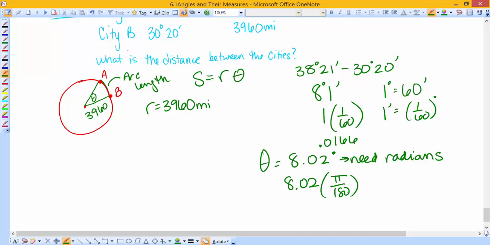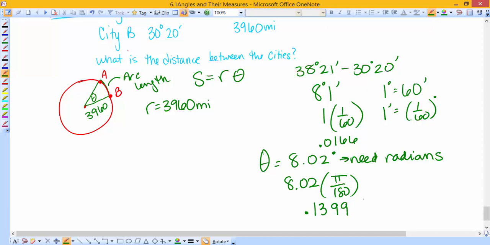And I get a very, very small number. Okay, there's my radians. This is in miles, which might be pretty accurate because they're relatively close in angle measures. There's only 8 degrees that is really separating them.